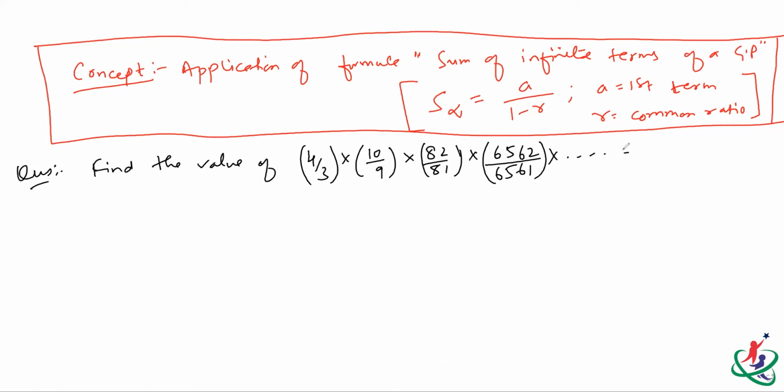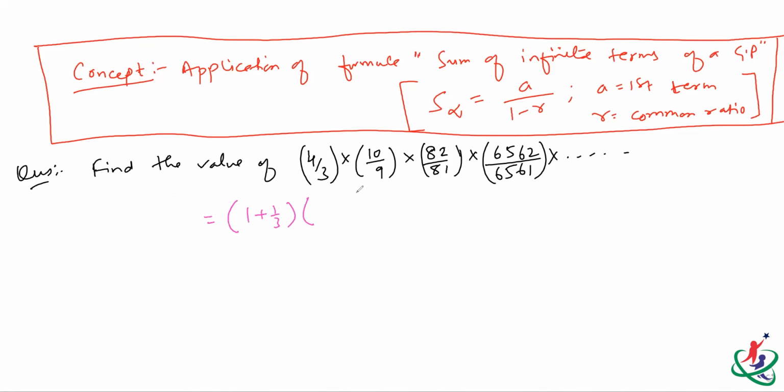Now here, it's not a direct GP, right, geometric progression, the expression that is given. So how are we going to apply this formula? If you observe carefully, you can write 4 upon 3 as 1 plus 1 upon 3.